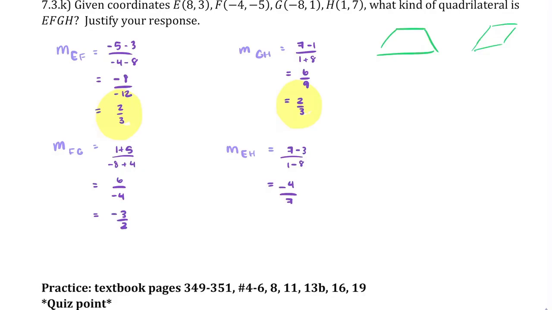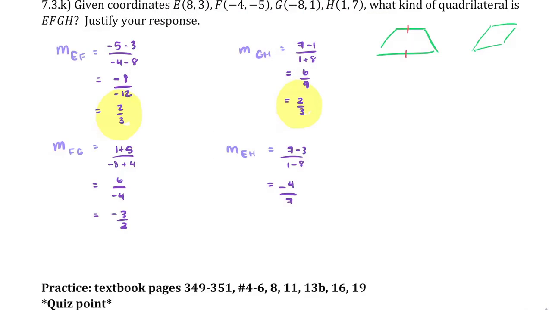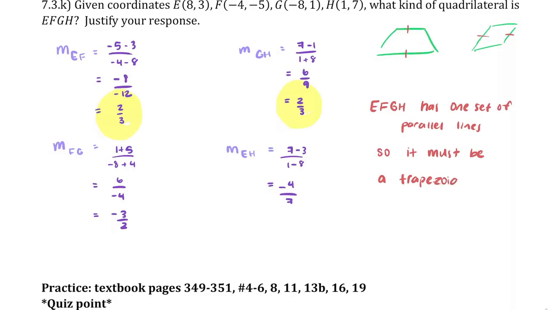Okay, with that, we can see that the shape has a set of parallel lines, but then the other two lines aren't parallel, that is actually called a trapezoid. So we could say that EFGH has one set of parallel lines. So, it must be a trapezoid.